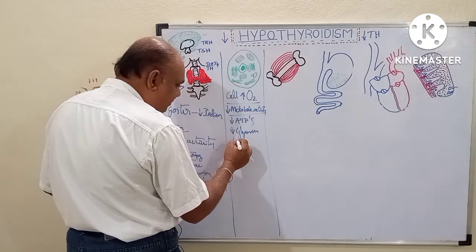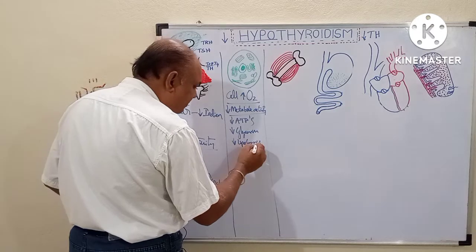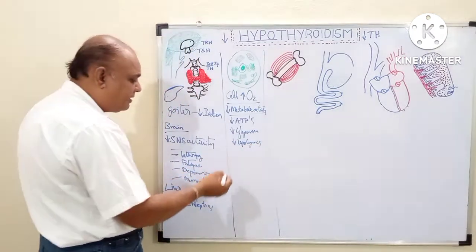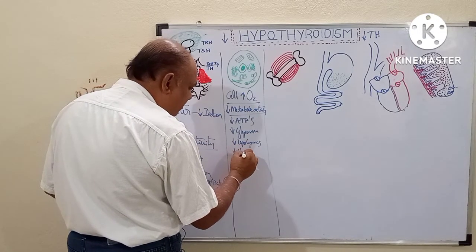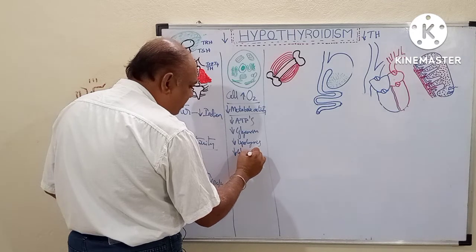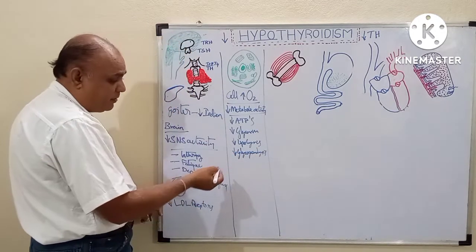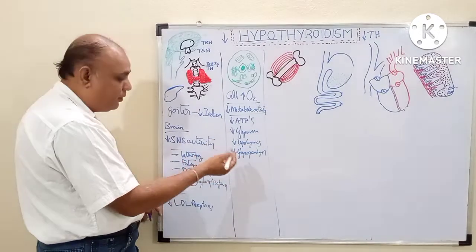Then lipolysis decreases. This is the breakdown of glycerides into free fatty acids. Then glycogenolysis decreases. This is the process of breakdown of glycogen into glucose-1-phosphate and glucose.